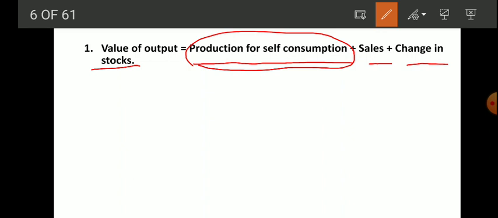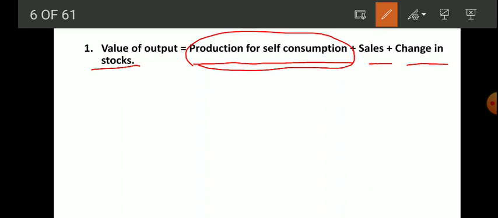Now, the question is, ma'am, what is this production for self consumption? Production for self consumption means sometimes the producers or the farmer have produced or cultivated some products, and they keep some of those products with themselves for their personal use, for their family. That is known as self consumption. And why should we include it under the value of output?